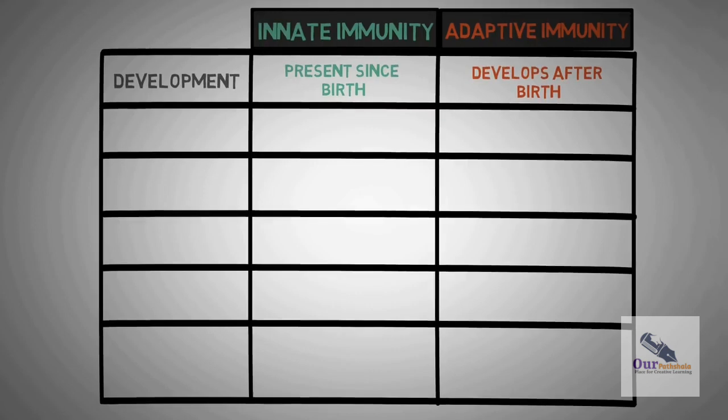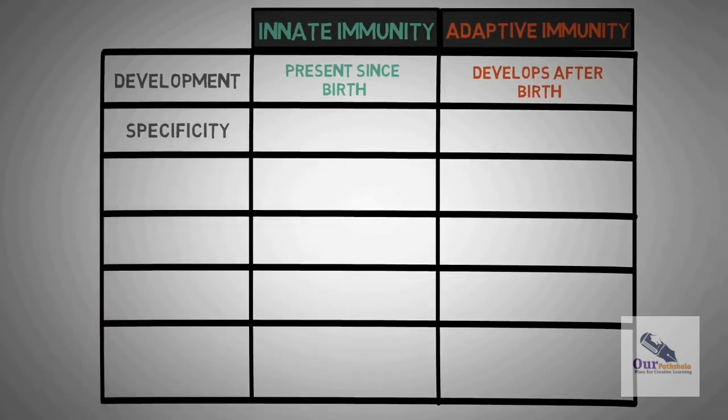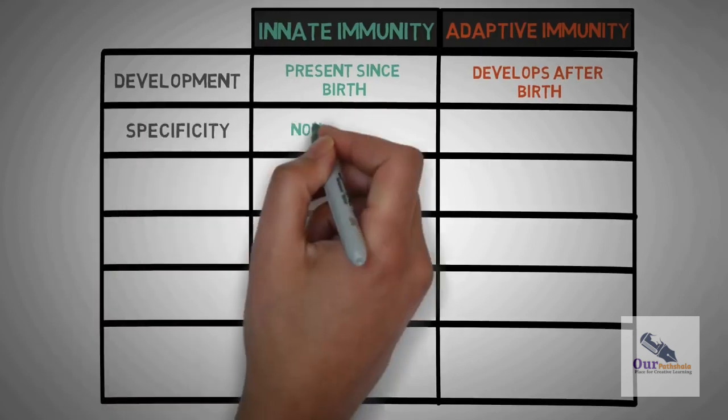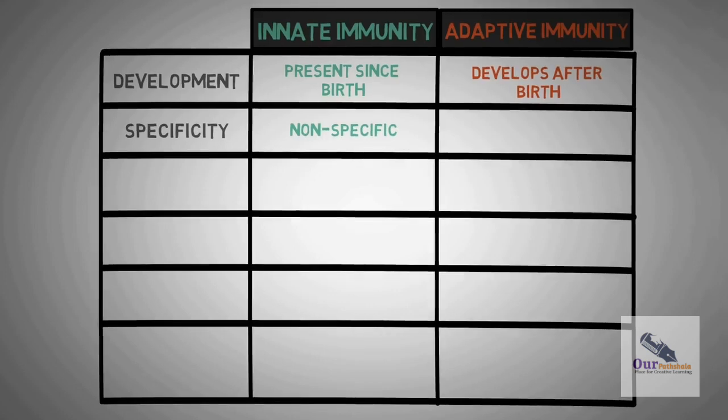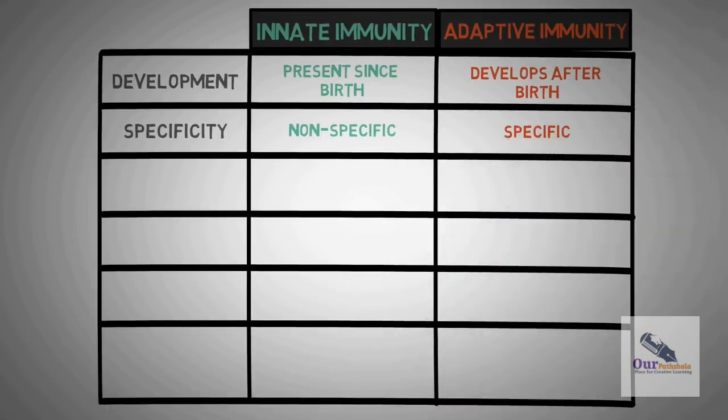Talking about specificity, the innate immunity is non-specific, whereas the adaptive immunity is very specific. And I hope you are clear with the meaning of the word specificity here. Innate immunity is non-specific as it doesn't have any specialized defense systems for different types of pathogens. Rather, it uses a common defense system to kill all the types of pathogens.